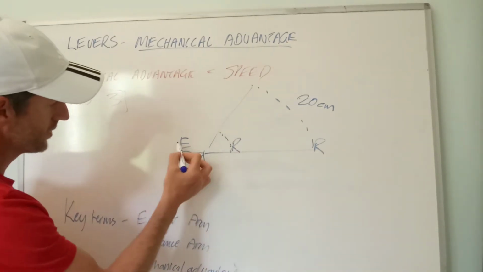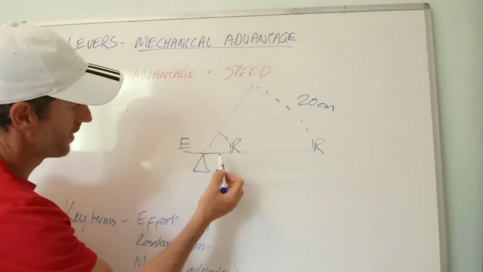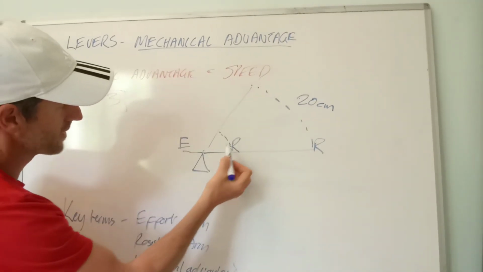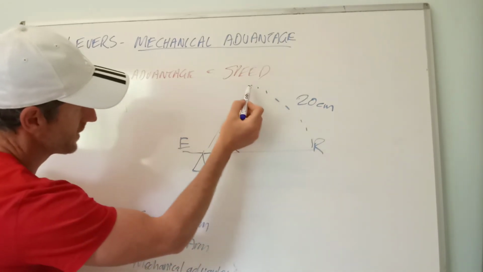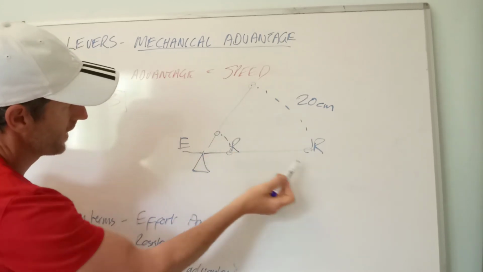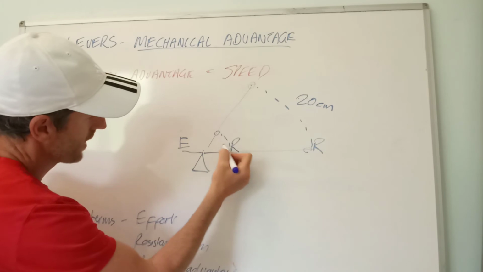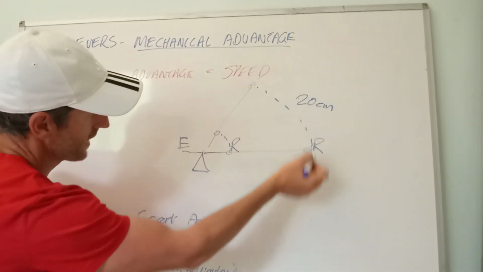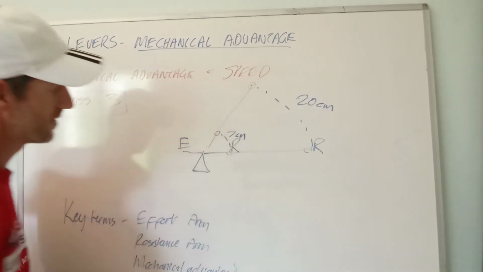Now, what's happened is you've got the same effort, and the resistance has moved the same angle, but in the same period of time that's taken to get from there to there, that has gone from there to there. Let's say this has traveled 20 centimeters, and that has traveled about 7 centimeters.